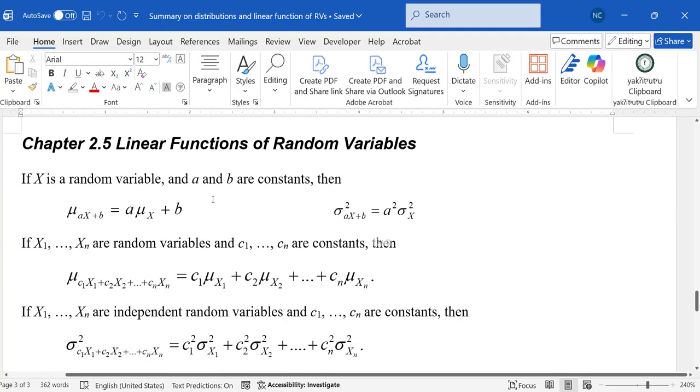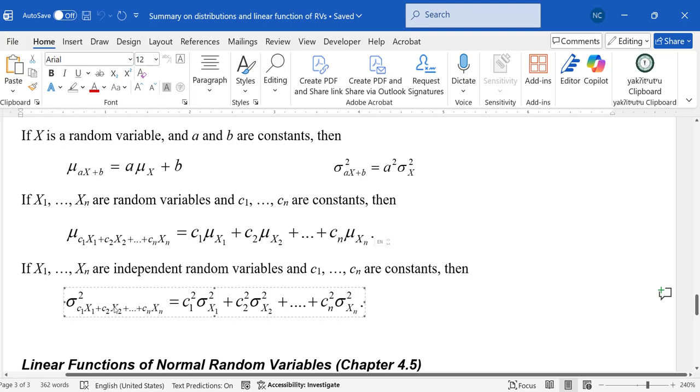Then we talk about the linear function of random variables, with three scenarios. First, there's no requirement on the variables: the mean of the linear function is the linear function of the individual means. Further, you can add the variances together, but the requirement is that all these variables are independent.